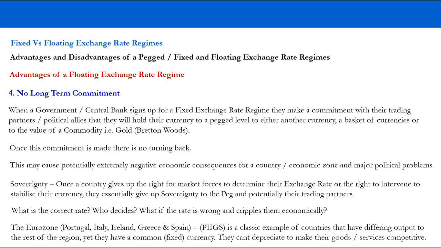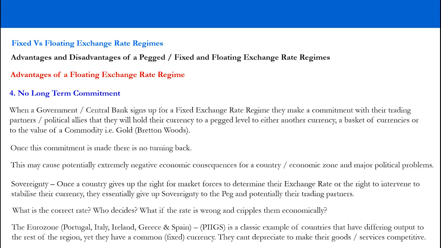You still have the right to intervene, and you allow your currency to freely float. If there's a problem, then the central authorities have the flexibility, which was the previous advantage, to intervene if necessary. So that pretty much sums up the overall advantages of floating exchange rate regimes.